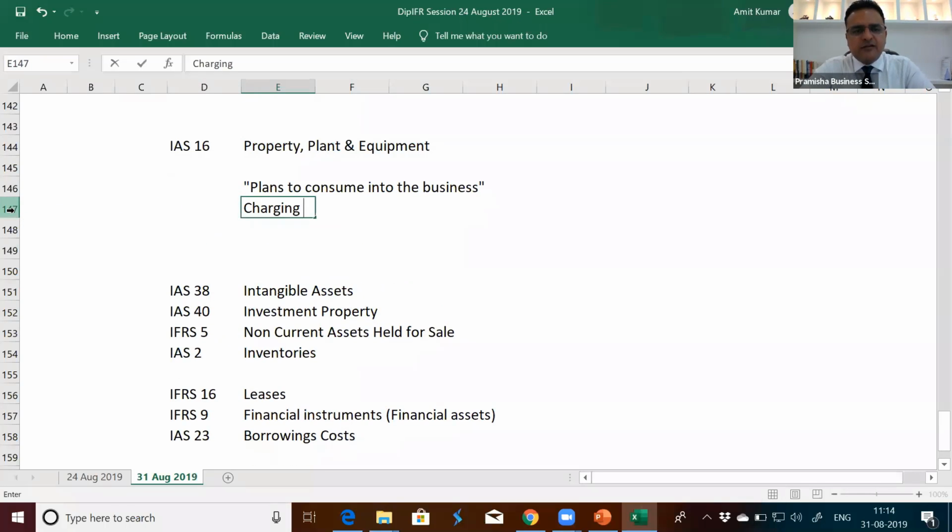So charging depreciation and spreading the cost over all the years which benefit from consumption of this asset.